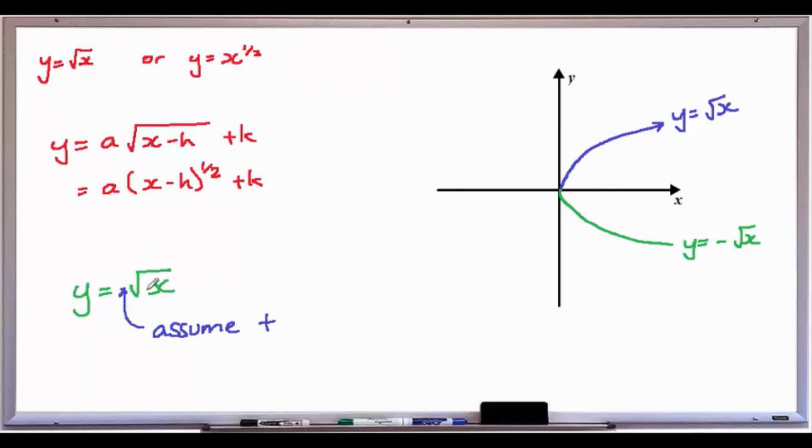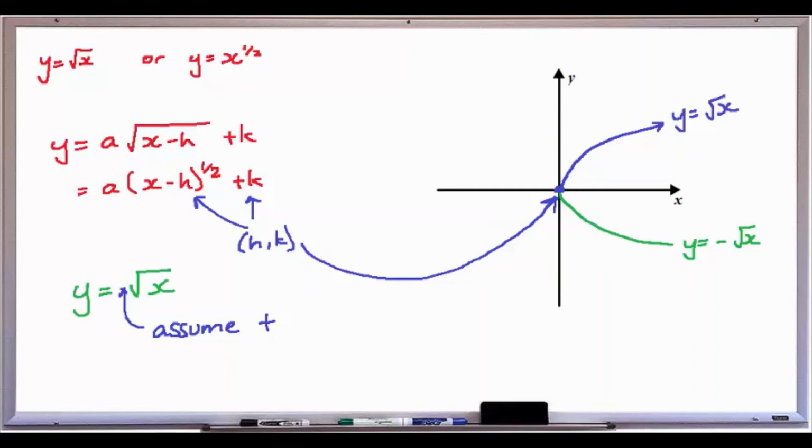So y equals root x, just like that, is just this part here. And remember, h and k always mark some sort of point of reference, and the point of reference of h and k is this starting point here.